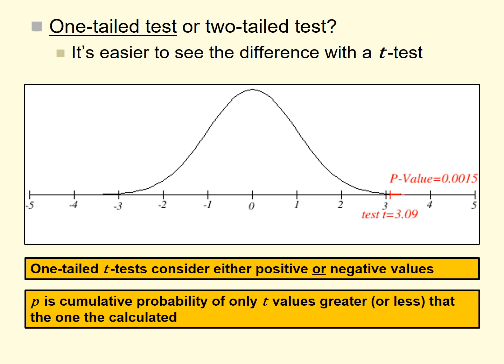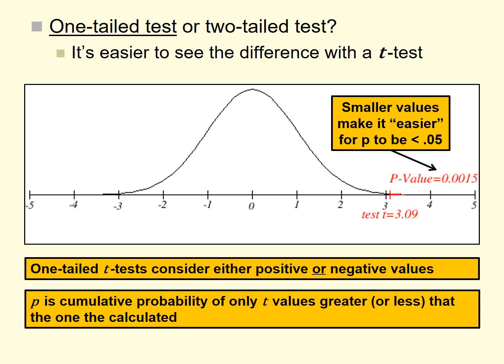In that sense, you could say it makes it easier to detect a significant effect if you do a one-tailed test, because any given test statistic value is going to be less probable in a null distribution if it's a one-tailed test than in a two-tailed test. You could think of a one-tailed test as being more liberal, or a two-tailed test as being more conservative.